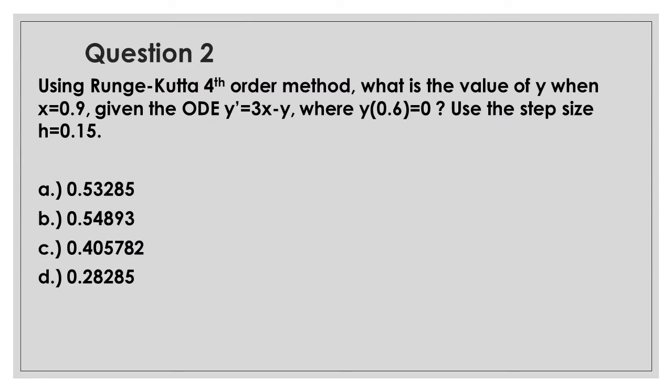Using Runge-Kutta fourth order method, what is the value of y when x is equal to 3 given the ordinary differential equation y prime is equal to 3x minus y, where y at 0.6 is equal to 0? Use the step size h is equal to 0.15. So let us now solve the second problem on the Runge-Kutta method.